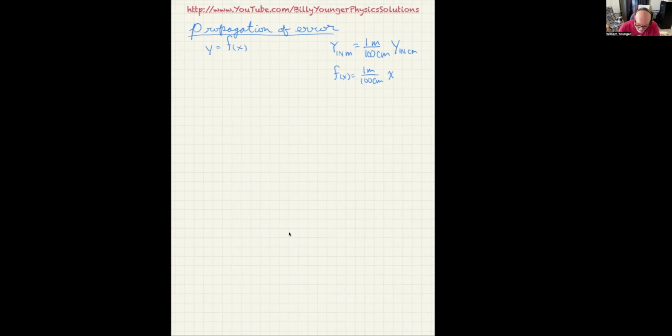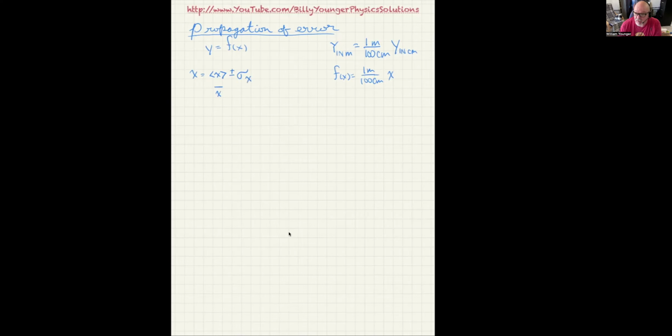But the main thing is if you do have to take a variable like x, which has an uncertainty, it would have what we call a best estimate of x, which can be written this way or sometimes they'll just write it that way, and then plus or minus some error in x.